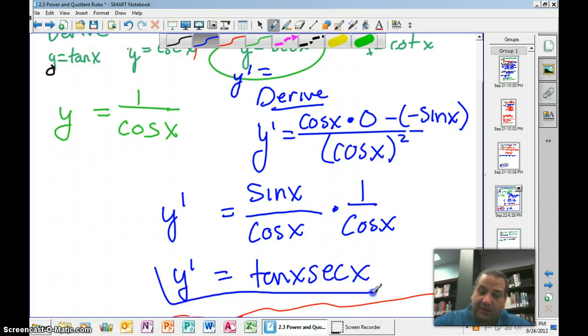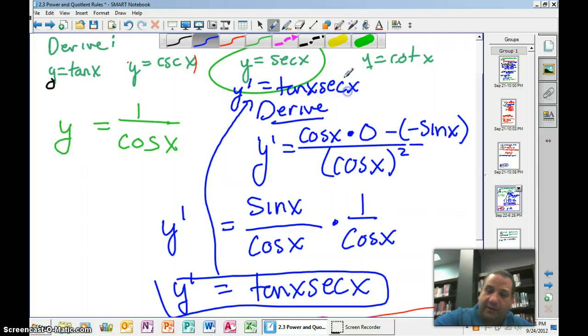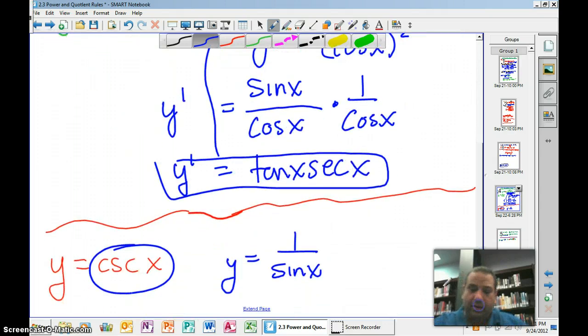So this is the derivative all the way back here, tangent x secant x. Sorry about that screw up before, but there it is. We derived what it was. How great is that?